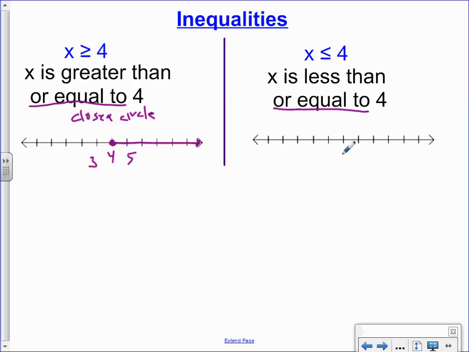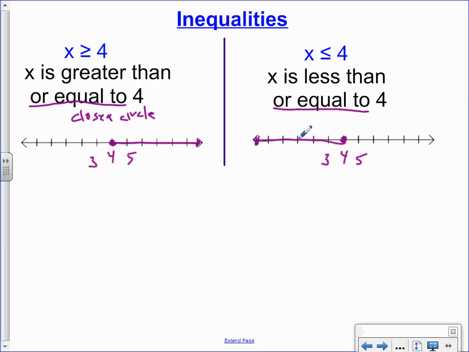Right? For less than, here's 4. Closed circle, shade to the left for less than. Like so.